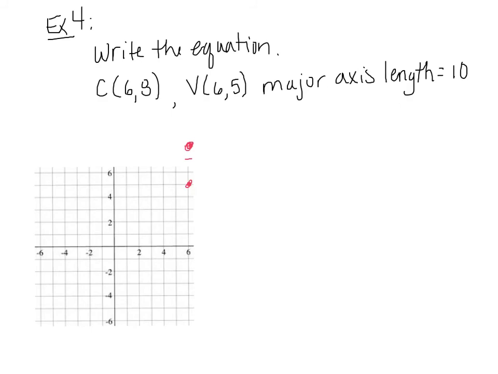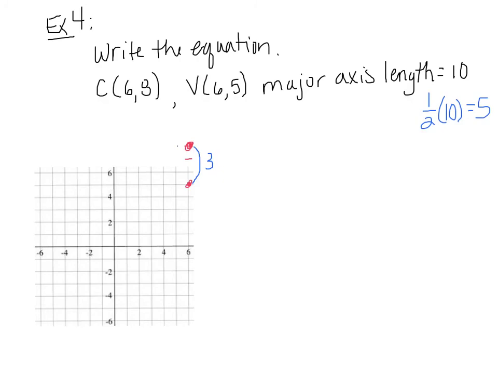So I can already tell that the vertical distance is 3. And then it says that my major axis length is 10. So what I want you to keep in mind is that half of that distance would be 5. So from the center out to the vertex, it's only going to go out 5.